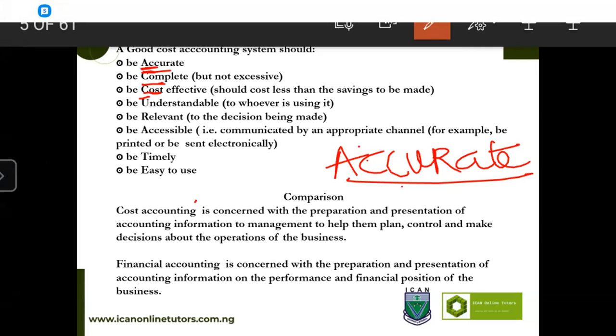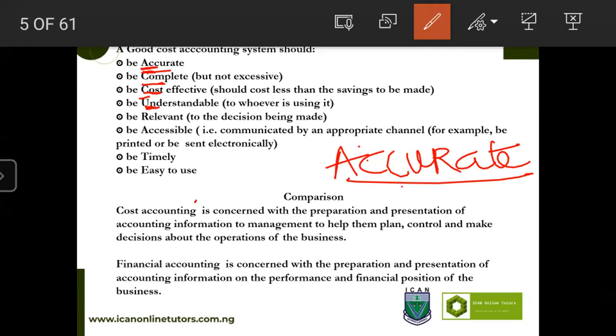U stands for what? Understandable. A good accounting system or a good information must be understandable. It must not be too rigid for people. Whoever wants to use it must be able to understand the information. They should be able to understand the data and the information that has already been given. If you are given information about a product, it must be well understandable.